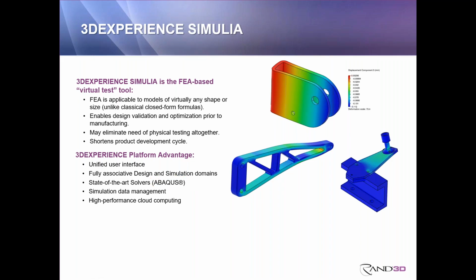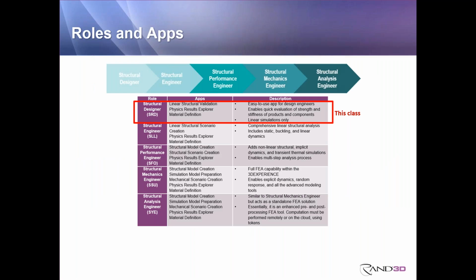So what they did was implement a bunch of roles, from the simplest to the more complex ones. At the bottom of the food chain is a structural designer, then structural engineer, then structural performance engineer, structural mechanics engineer, and finally structural analysis engineer. Those roles essentially implement the Abaqus methodology, where your simulation is split into simulation steps.